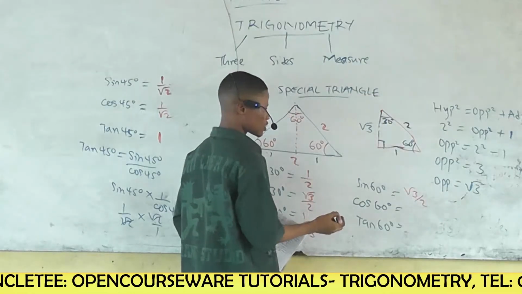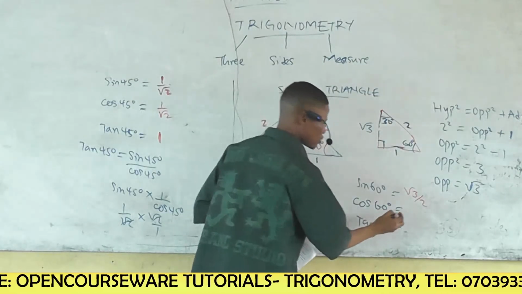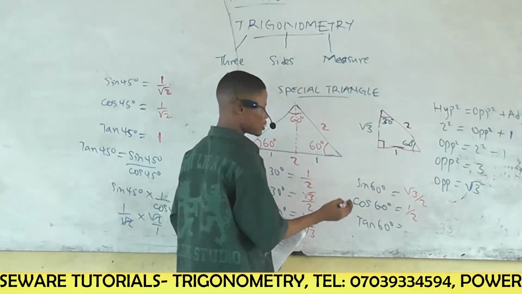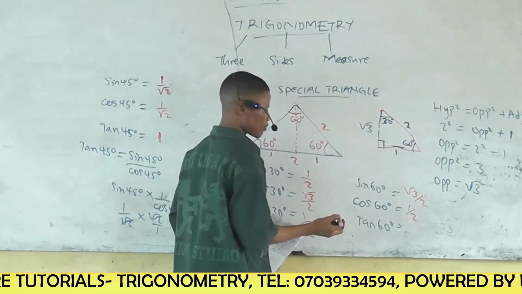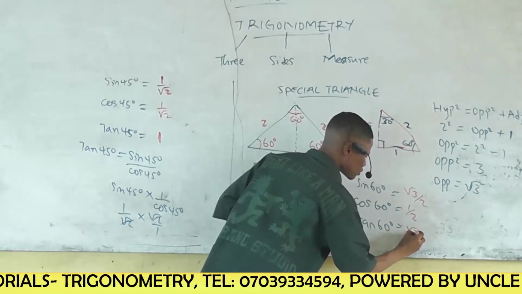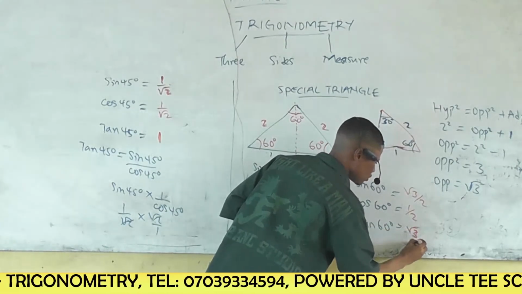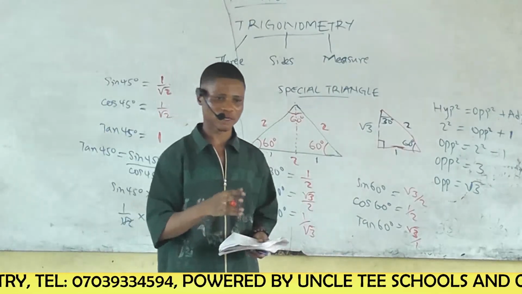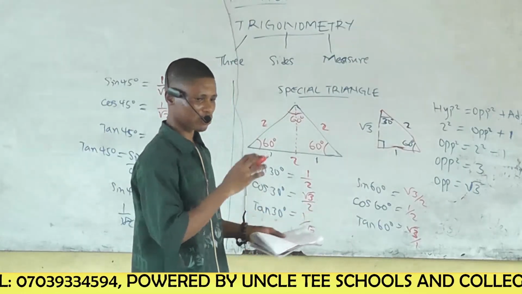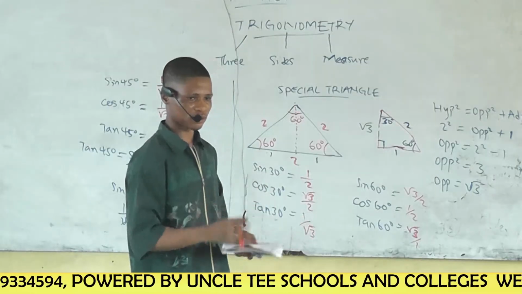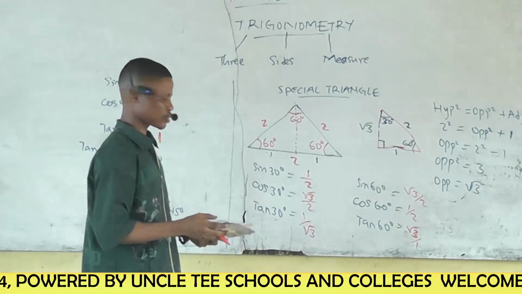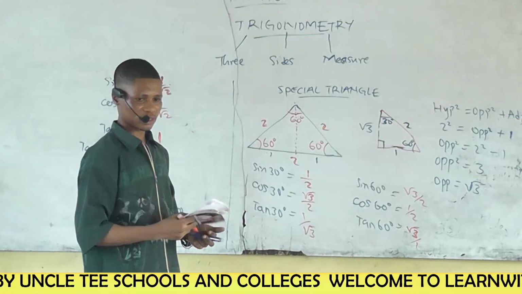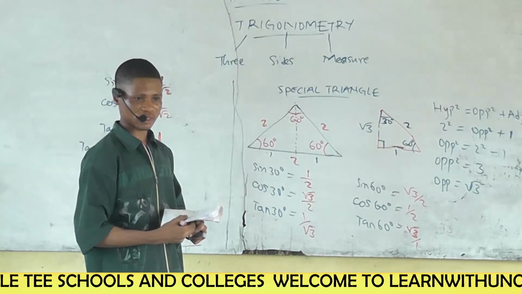What will be cos 60? 1 over 2. Then tan 60 degree will be root 3 over 1. That is, you multiply sine 60 degree by the reciprocal of cos 60 degree. So that's for tan 60 degree. Do you get it? You all get it right.